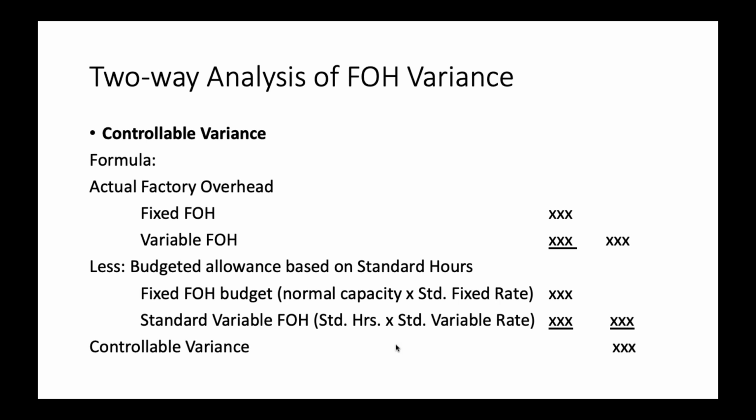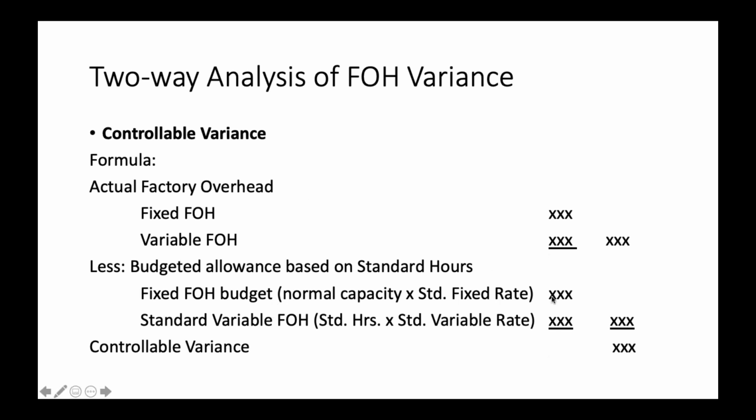Why is it different? Because the fixed one is fixed regardless of the number of output; we still have to pay it. So that is based on the normal capacity, while variable is based on the number of output. Therefore, there's a difference between the normal capacity and the standard hours.